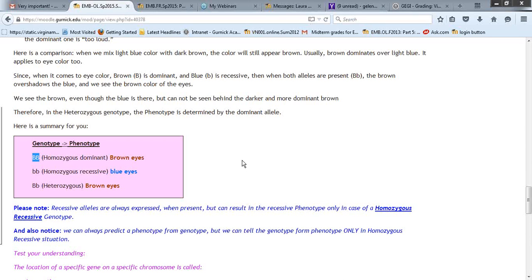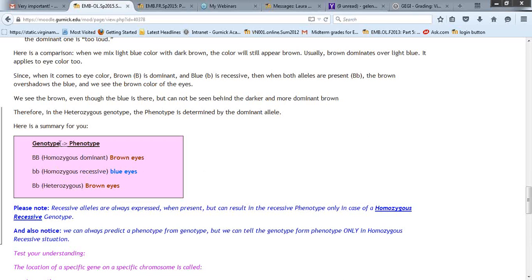In case of the eye color, a homozygous dominant genotype would result in brown eyes for the phenotype. In case of a homozygous recessive genotype, homozygous means the two alleles are the same. Recessive means they are both recessive, and you would see blue eyes for the phenotype.